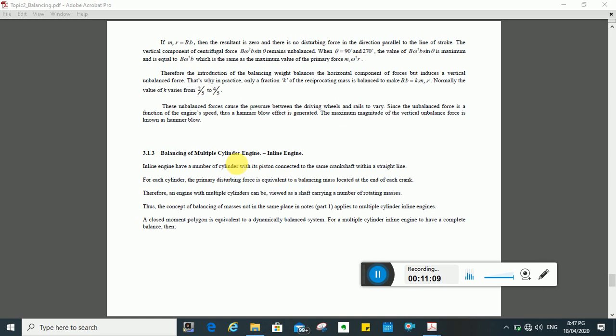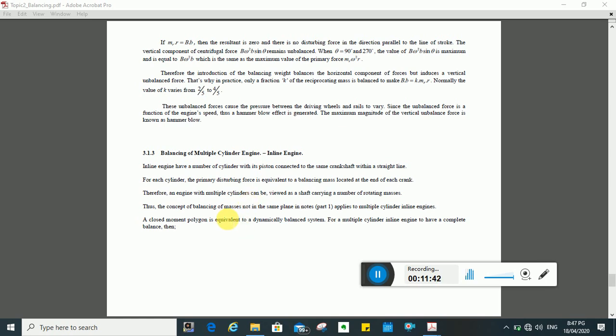Okay, so we proceed to the balancing of multiple cylinder engine, the inline engine. So what is the inline engine? Inline engine is the multiple cylinder engine with the cylinder center lines in the same plane and on the same side of the center line of the crankshaft. For each cylinder, the primary disturbing force is equivalent to a balancing mass located at the end of each crank. Therefore, an engine with multiple cylinders can be viewed as a shaft carrying a number of rotating masses.